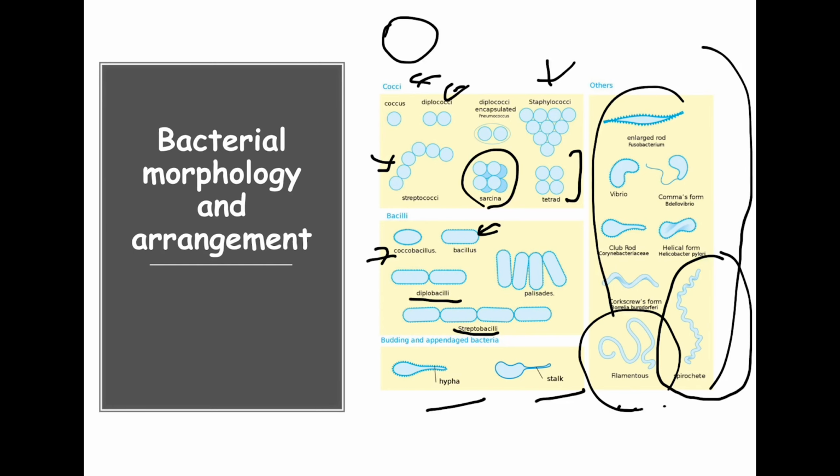And then we have the spirillum, which are helical in nature, but they are very rigid in structure. All right, so we'll talk a little bit more about the bacterial structures.